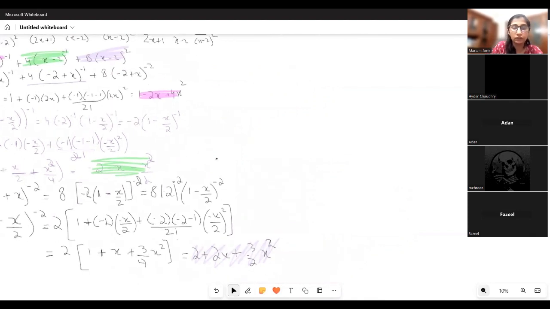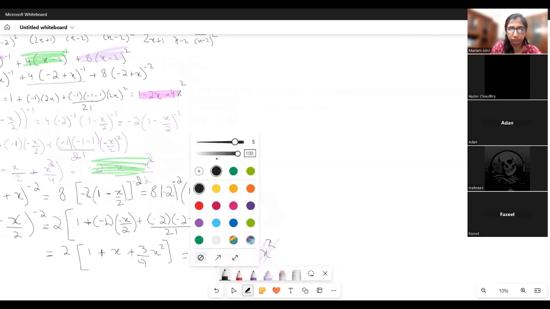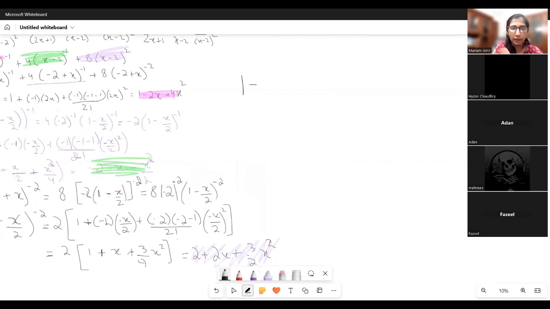Okay, add all of these. So we have 1 minus 2x plus 4x squared. Then we have, was that 2 or minus 2? So minus 2 minus x square upon 2.